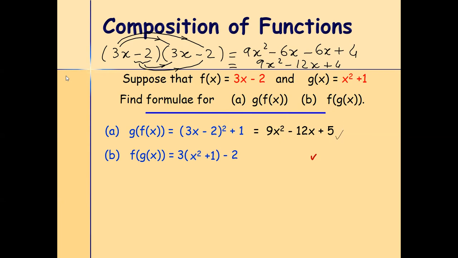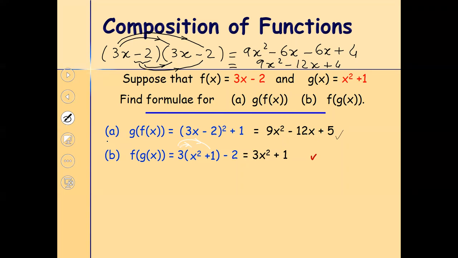So you do 3 times x squared and 3 times 1. And 3 times x squared is 3x squared. Okay. And 3 times 1 is 3. So I've got 3x squared plus 3 minus 2, which is just 3x squared plus 1. Okay. So that's how you would solve this if you're asked to find a formula.